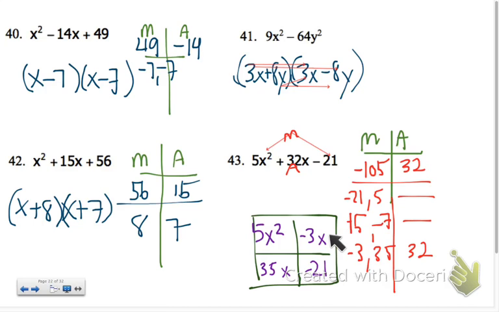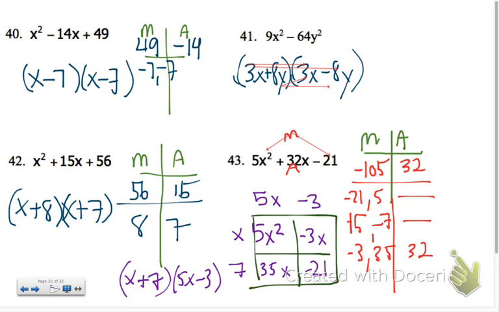These are both negative, so I'm going to factor out a negative 3, and then everything else is going to be positive. The GCF here is 5x, here it's just x, and here it is 7. So my answer is x plus 7 and 5x minus 3. So that is the final answer. If I multiply it back out, I would get the original.